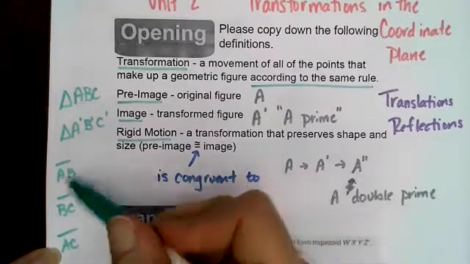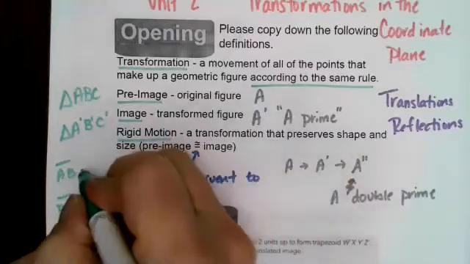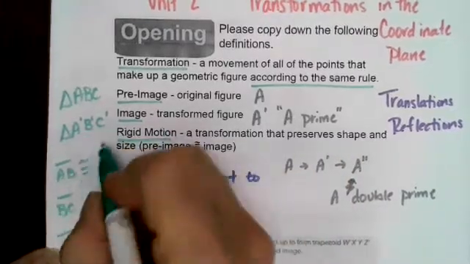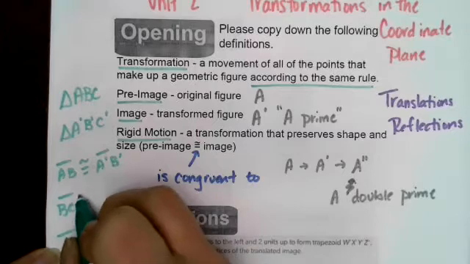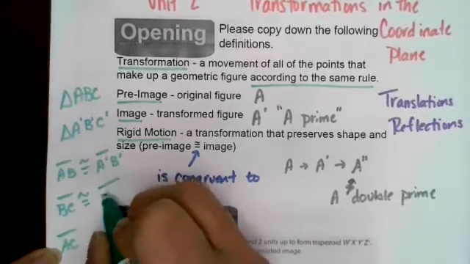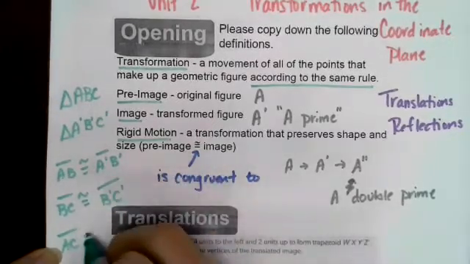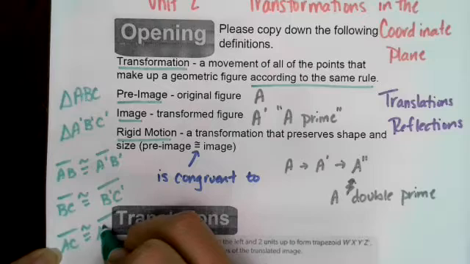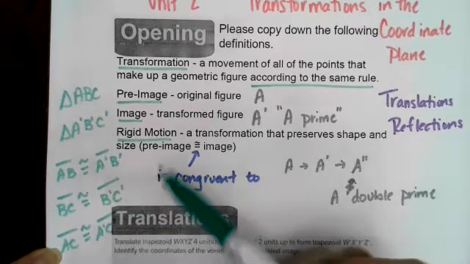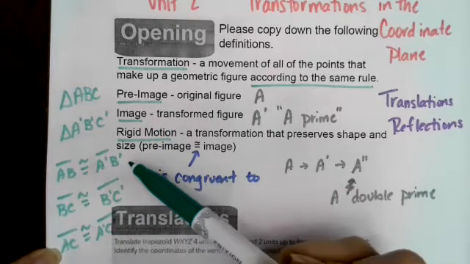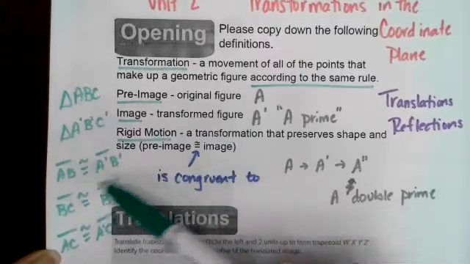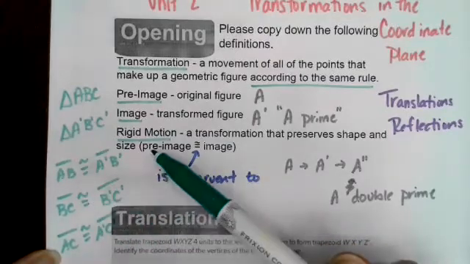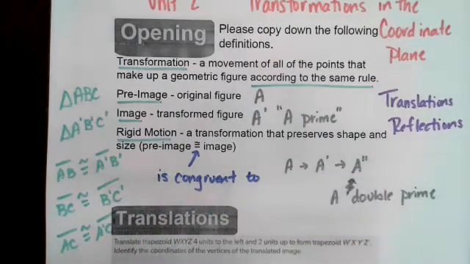These are going to be congruent to their transformed images. So AB is congruent to A prime B prime, BC is congruent to B prime C prime, and AC is congruent to A prime C prime. So just notation, having the prime is the image, no primes is the pre-image, and they have to be the same length if we have a rigid motion. And we'll be dealing with rigid motions today.